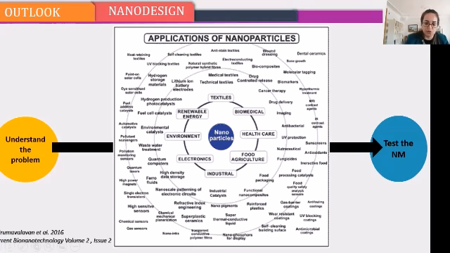You may use nanoparticles for renewable energy, biomedical science, healthcare, food agriculture, industrial applications, or microelectronics. This is the basic core of nanomaterial science and its applications.